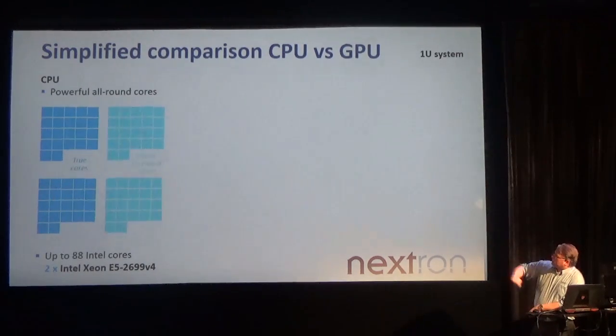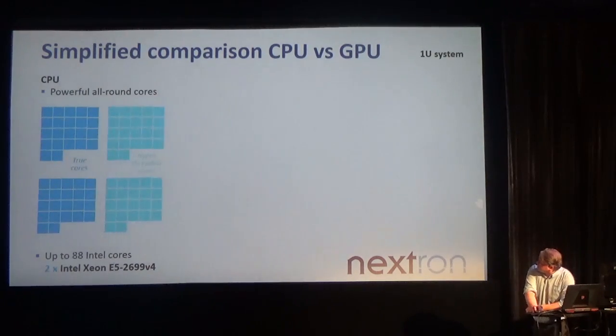That's the E5 2699 version 4, and it was launched on March the 29th. So it will be the top performer for at least 12 to 16 months. That's the typical release cycle from Intel for these kinds of processors.